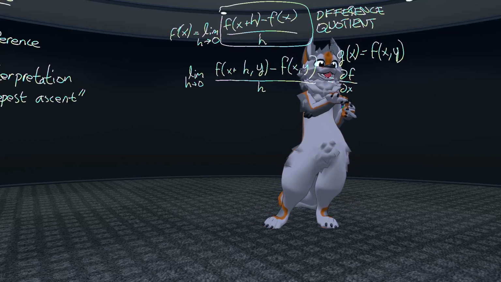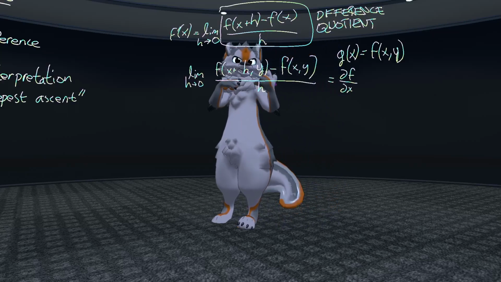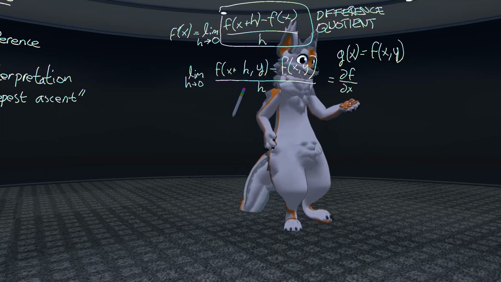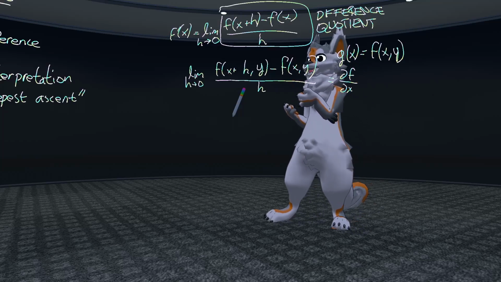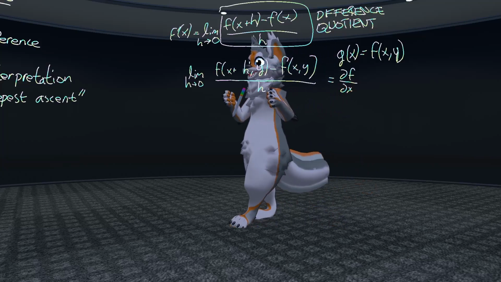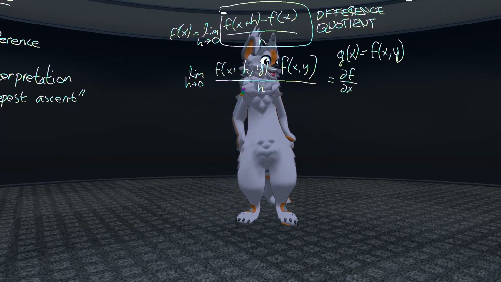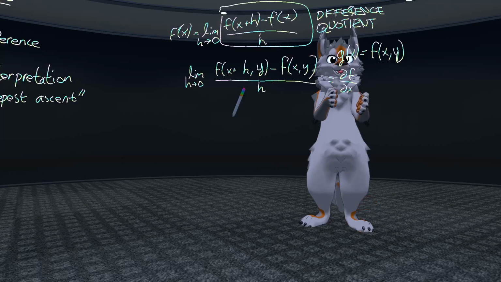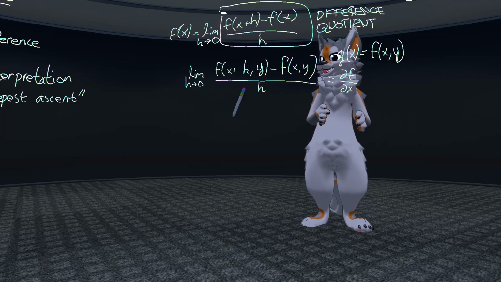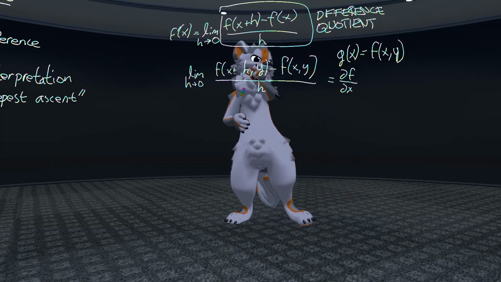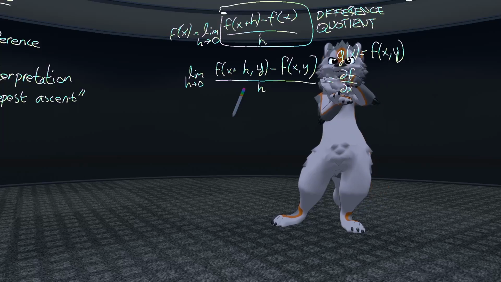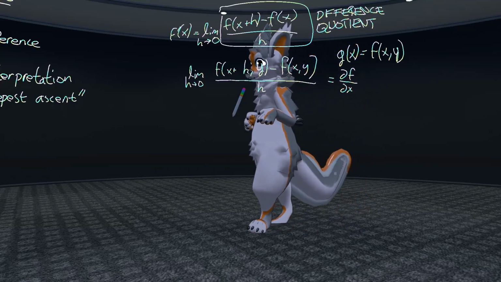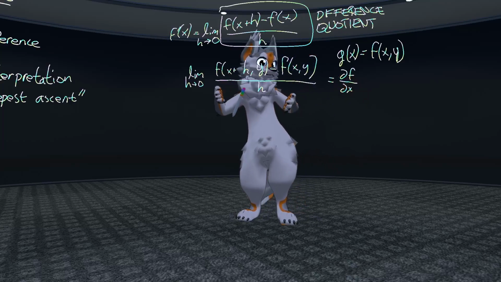Either way, whenever we have a multivariable function, we use these del operators to denote a partial derivative. Maybe you already knew this, but a difference quotient like this, we write very concisely using this partial derivative notation. Whenever you have just h alone in one of the variables, you take the derivative with respect to that variable, and the del characters denote that it's a partial derivative. Up to this point, there's hopefully nothing too crazy.